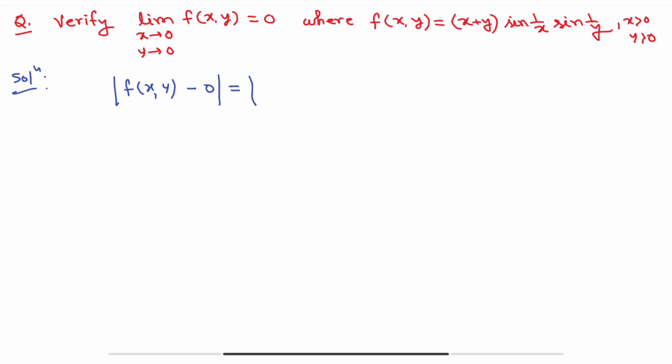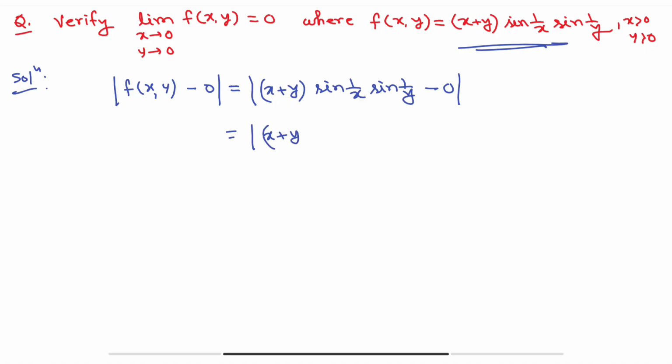This one, x plus y, sin 1 by x sin 1 by y. So modulus of x plus y into sin 1 by x into sin 1 by y minus 0. We can write this is equal to modulus of x plus y, sine 1 upon x sine 1 upon y.